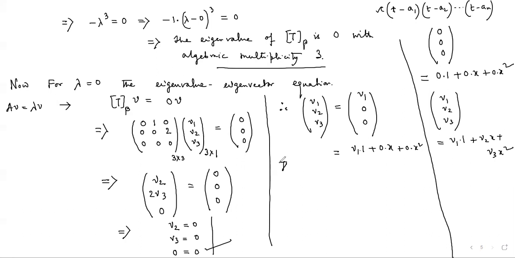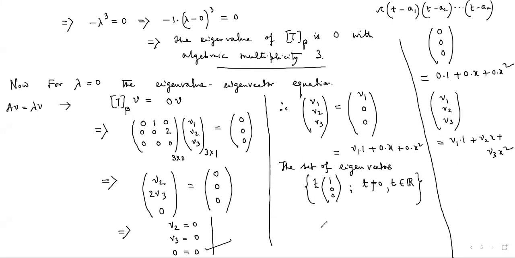The set of eigenvectors is t into (1, 0, 0), as we all know, t not equal to 0, t belonging to R, the field of scalars, because eigenvectors are always non-zero vectors.